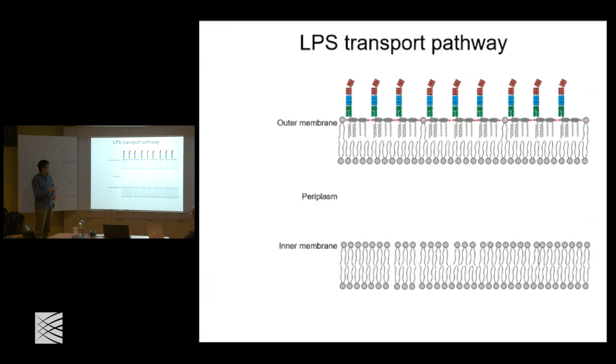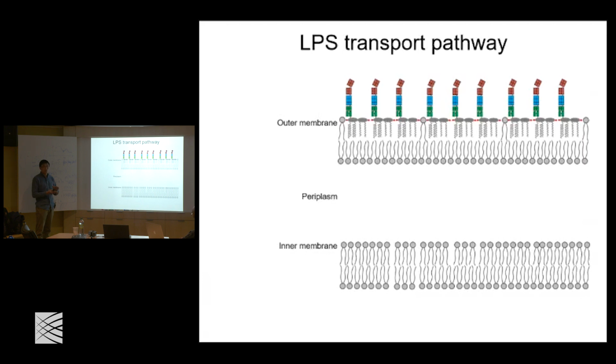At the surface of gram-negative bacteria, it's actually the major lipid component. Because of the charge and hydrophilic property of LPS on the surface, it's generally very different from regular phospholipid, which is hydrophobic.